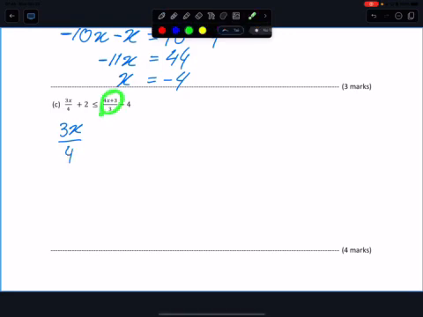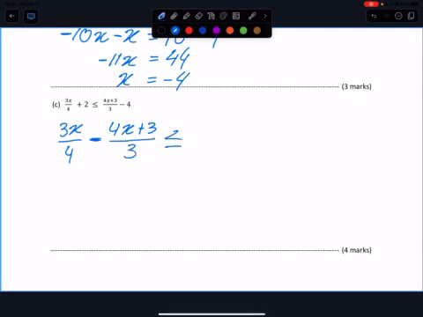I take the variable, send it on the left-hand side. It becomes negative. Minus 4 stays where it is. Positive 2 goes to the other side, which becomes negative 2.